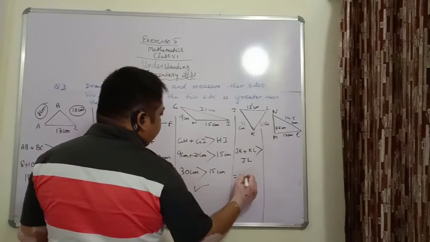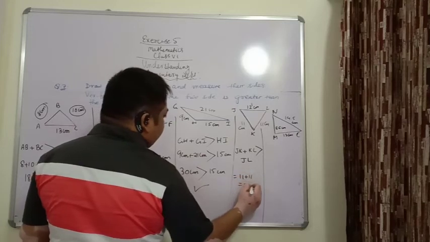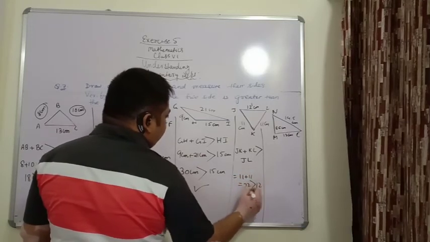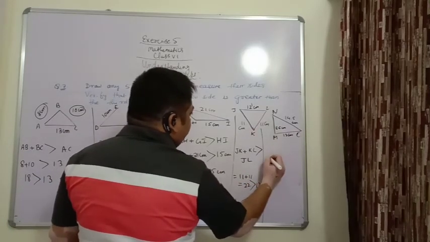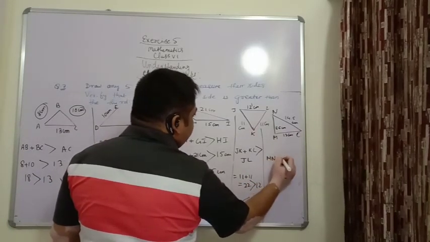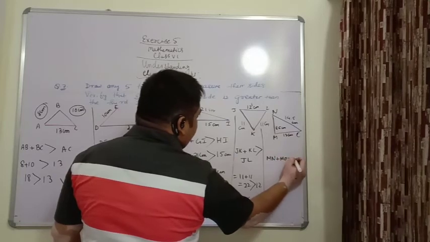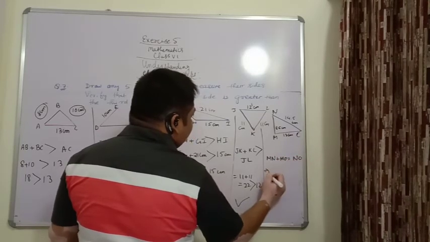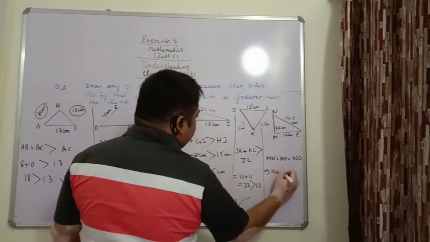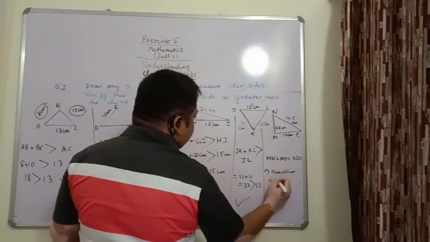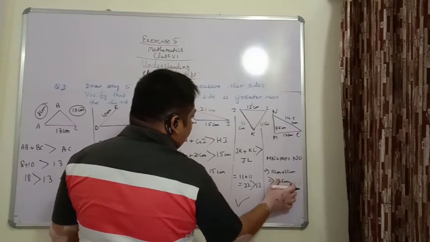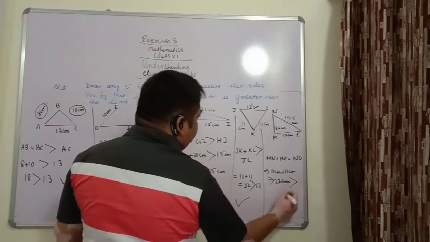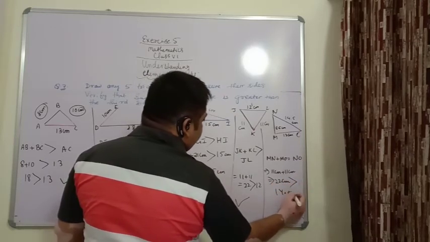So 11 plus 11 equal to 22 is greater than 12. Verified. In this case, MN plus MO should be greater than NO. This implies 11 centimeter plus 11 centimeter, which is 22 centimeter, is greater than 14.5 centimeter.